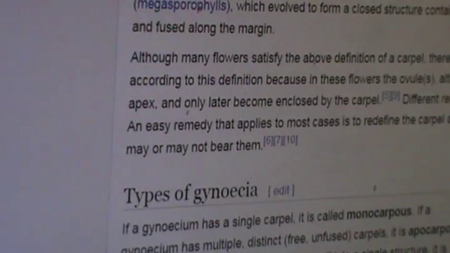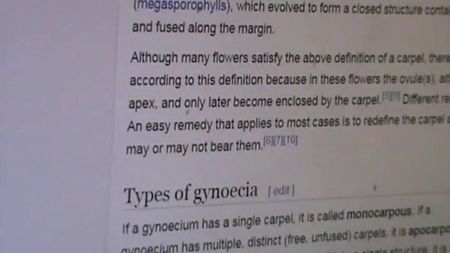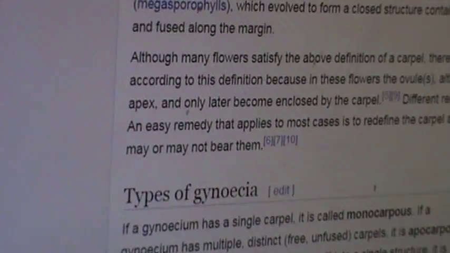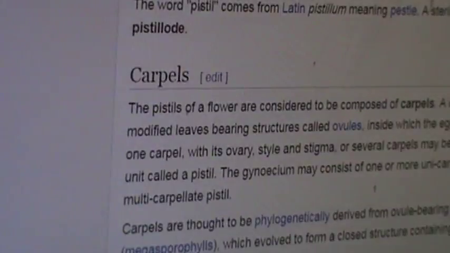How does receptacle compare to pistil and carpal? Receptacle contains, oh my gosh, here's another. So how do pistil and carpal relate again? The pistils of a flower are considered to be composed of carpals. I'm kind of confused by that difference.